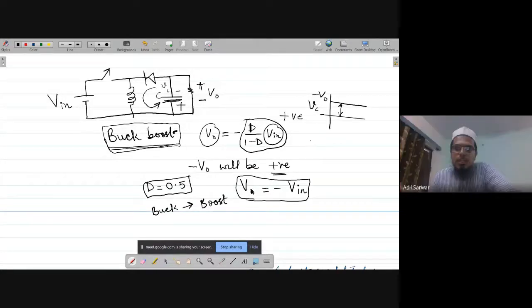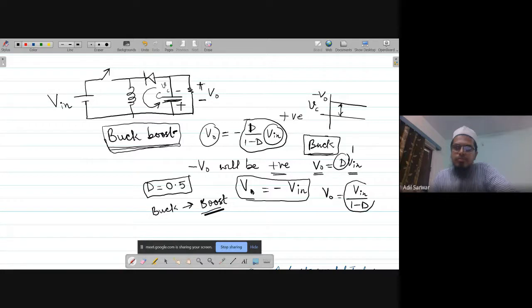Yes, sir. If you see the buck converter, in buck converter V naught is equal to D times V in. So when D becomes equal to 1, V naught becomes equal to V in. Isn't it? So you could see that we can call it buck, or we can even call it boost also, because when you take V naught equals V in by 1 minus D.